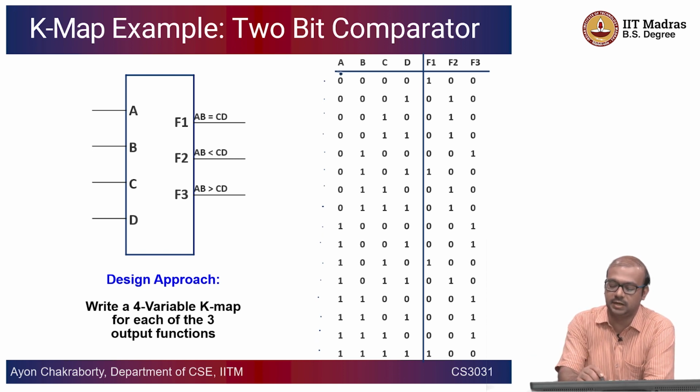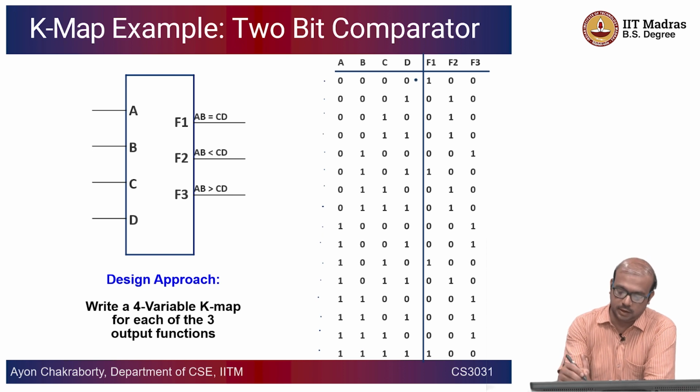If you are representing this A, B, C, D as a binary 4-bit number, it is as if going from 0, 0, 0, 0, which represents the binary number 0, or decimal 0 rather, to 1, 1, 1, 1, which is decimal 15. So there are a total of 16 different unique input combinations.